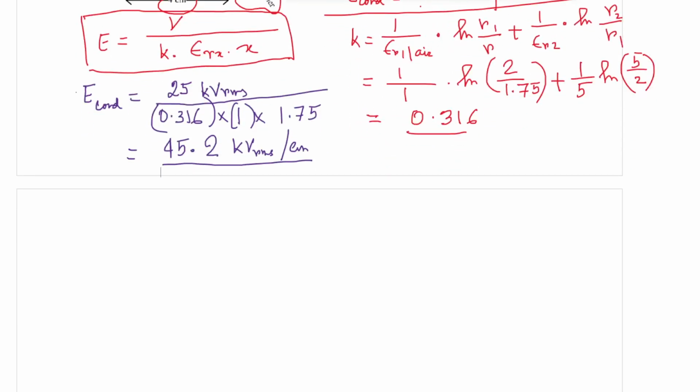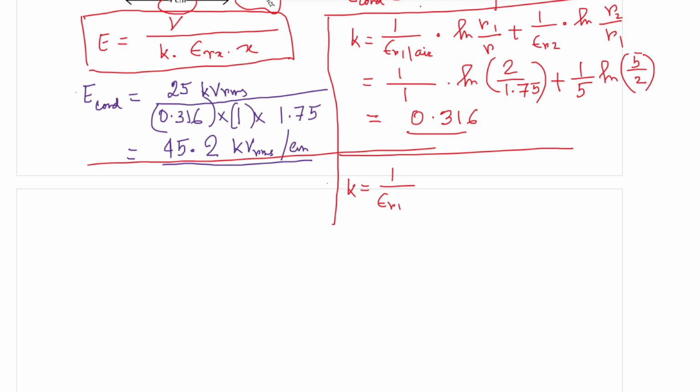Now coming to the second part, when air is replaced by transformer oil. So we will have K, that means 1 by epsilon R1 for oil into ln R1 by R, plus 1 by epsilon R2 into ln R2 by R1.